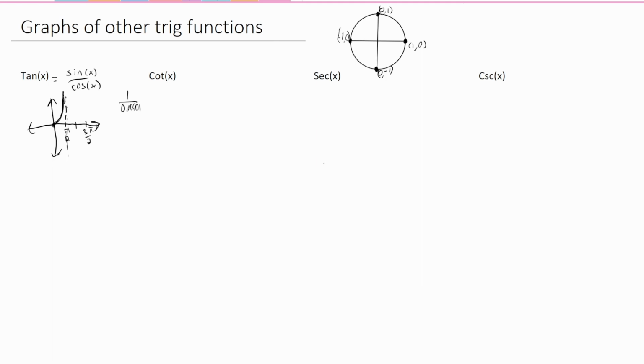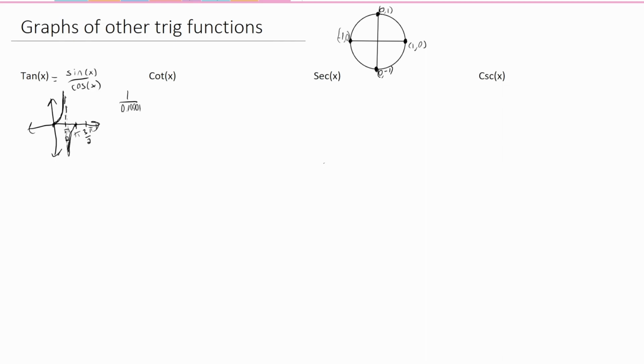And so just to the right of pi over 2, we're going to be approaching negative infinity. Now, at pi, our y value is going to be 0 and our x value is going to be -1, meaning that we're going to go, again, at the x-axis. So that means between here and here, we're going to be approaching negative infinity.